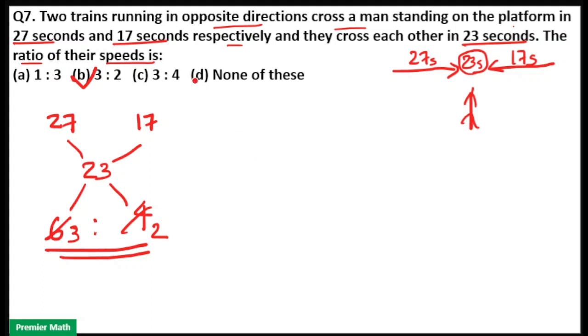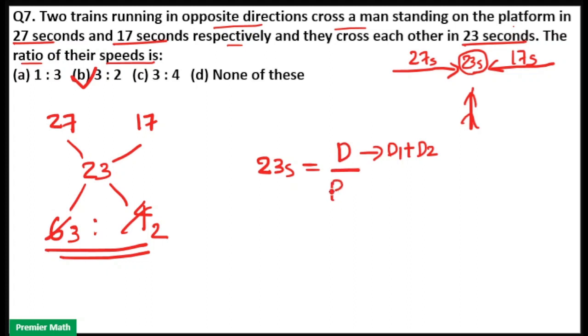If you want to solve this question in the usual method, here time to cross is equal to 23 seconds. These trains cross each other in 23 seconds. So 23 seconds is equal to time is equal to distance by speed. Here distance is equal to distance travelled by both the trains, first train and second train.